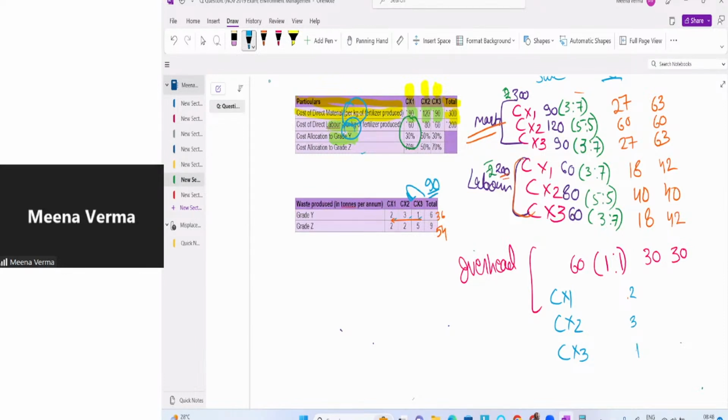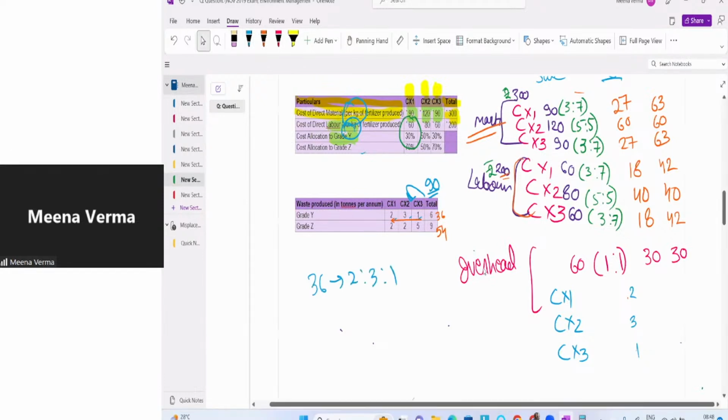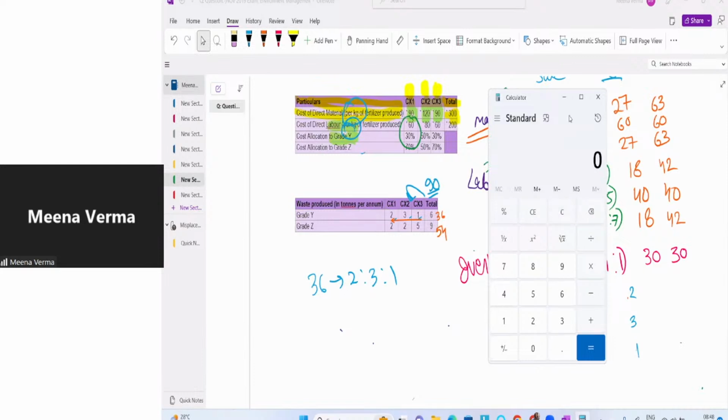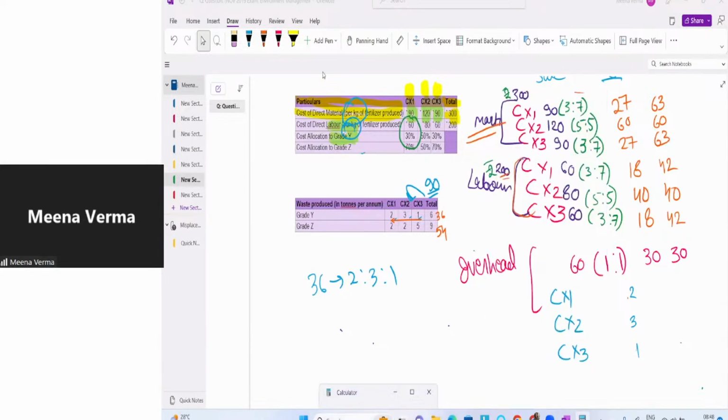I divide by 2 plus 3 plus 1, which is 6, so each unit is 6. Then 6 into 2, 6 into 3, and 6 into 1. So we get 12, 18 and 6.